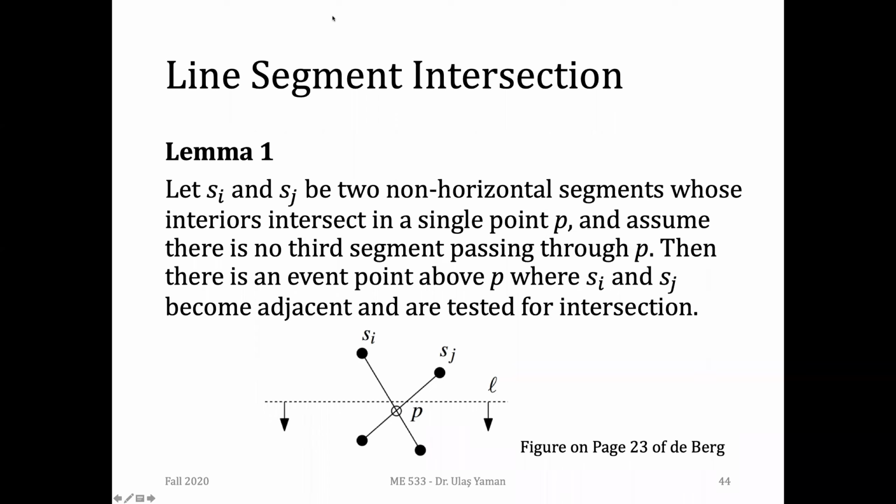So that's why we don't check them at the corresponding point, but we are going to check them downwards. So we only do checks once they are neighbors. And that is enough, according to this lemma. And we will also have some detailed examples. You will see that they should be checked once you move your sweeping line downwards.